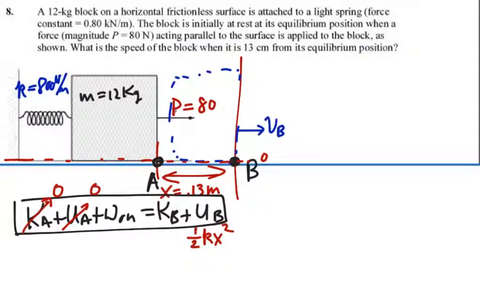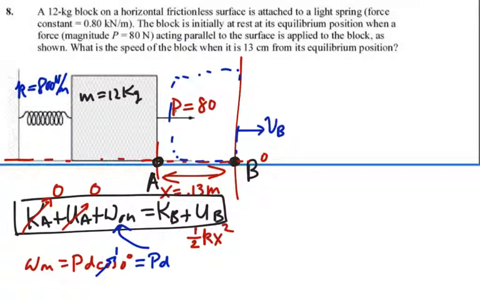Work done along the way. Well, work along the way is going to equal P times D cosine 0 degrees. Cosine of 0 is going to be 1, so it's just going to be P times D, positive. We're adding energy along the way by applying this force. So that's what's going to go in there.